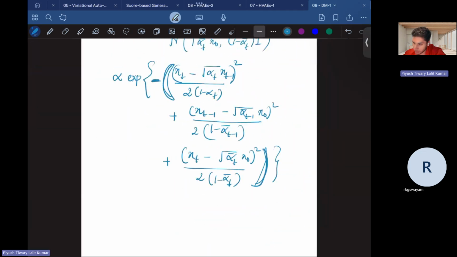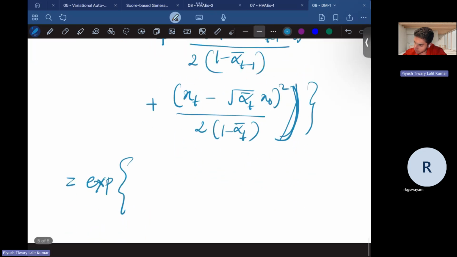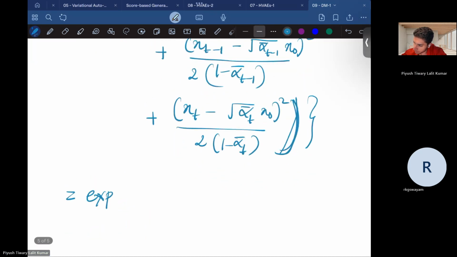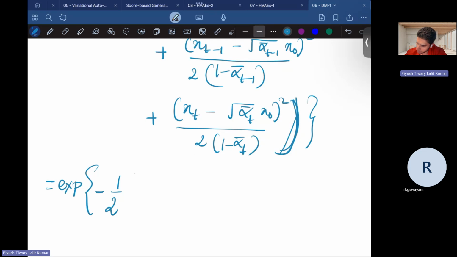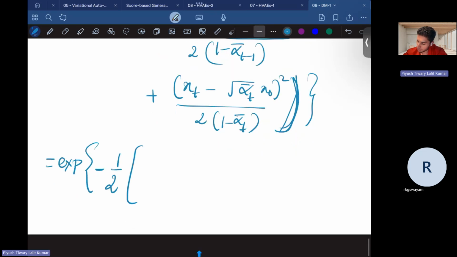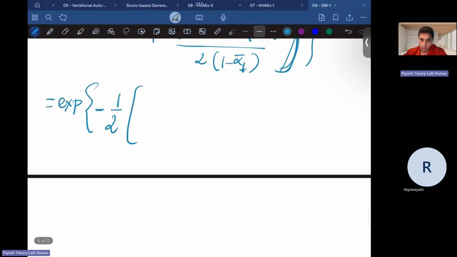Let's write it down a little more clearly. Maybe I should write it a little carefully. So this is exponential of minus 1 by 2 taken outside.